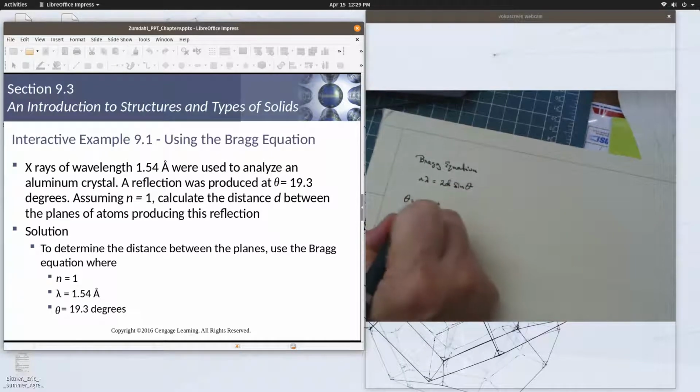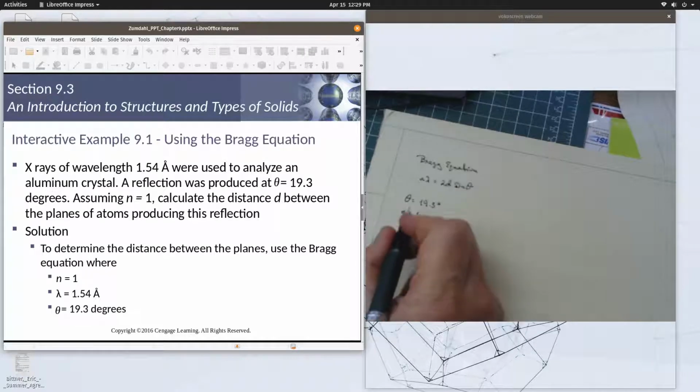We'll look at the first Bragg peak. Lambda is equal to 1.54.